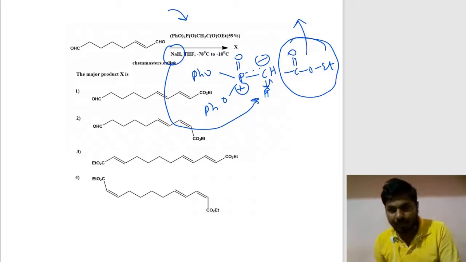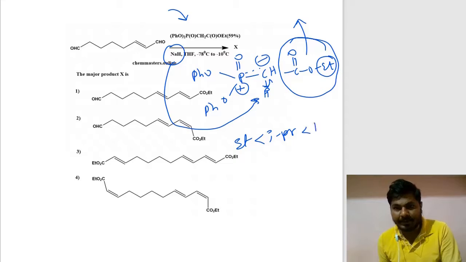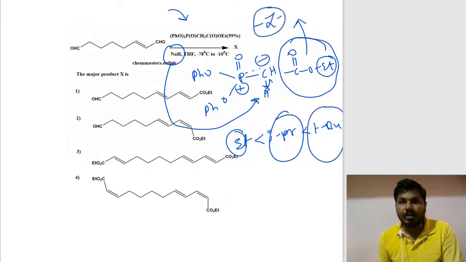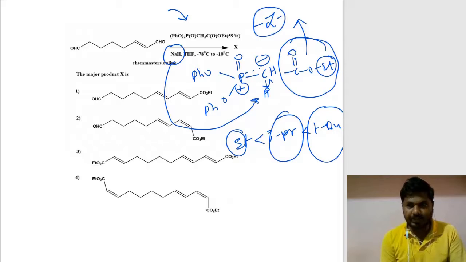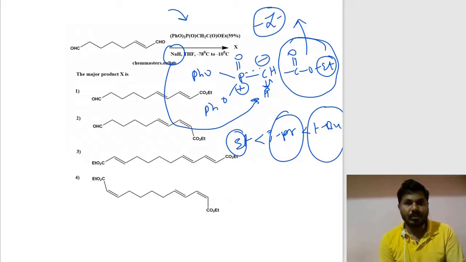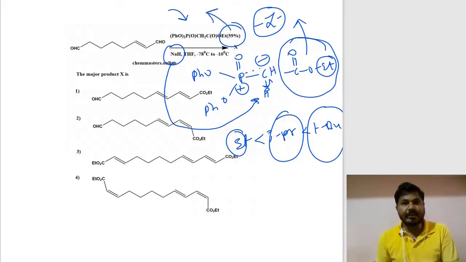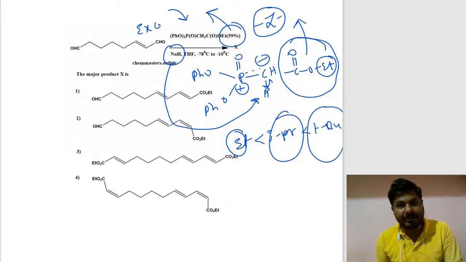For example, if we take ethyl, isopropyl and tertiary butyl, by increasing the size of the groups on the ester, the Z selectivity of the product increases. Just note this important point. And at the same time, look at the given reagent. We have taken 59%, more than half of it. That means we can say excess reagent is taken.